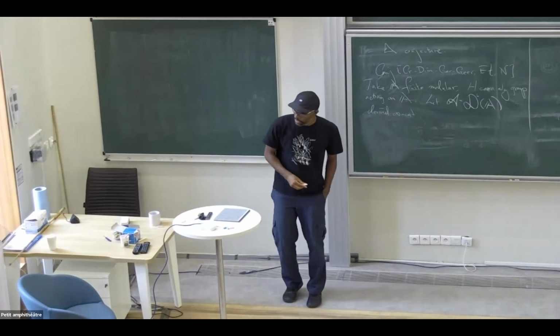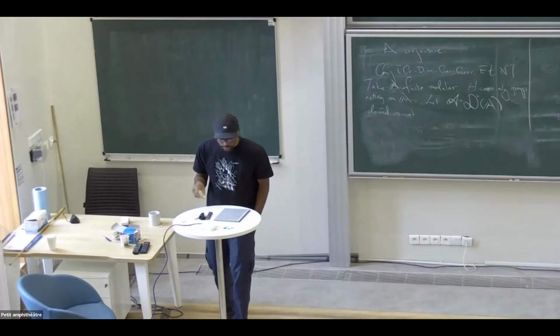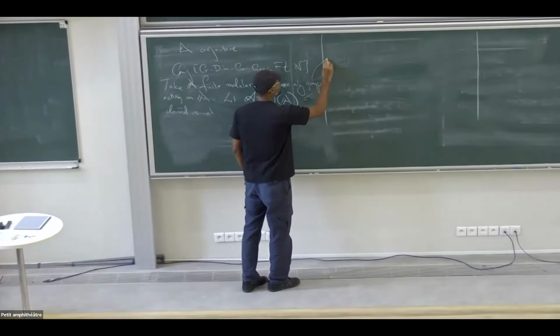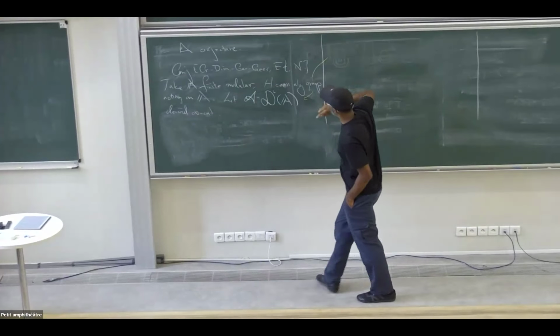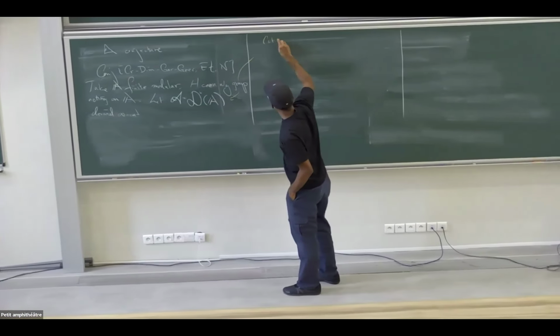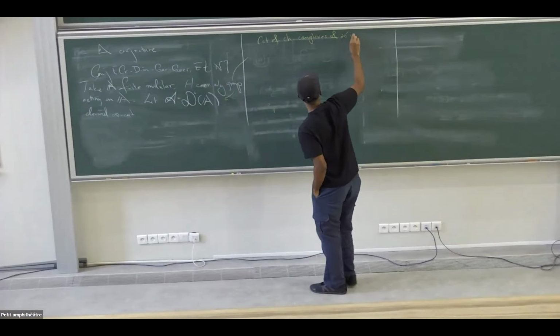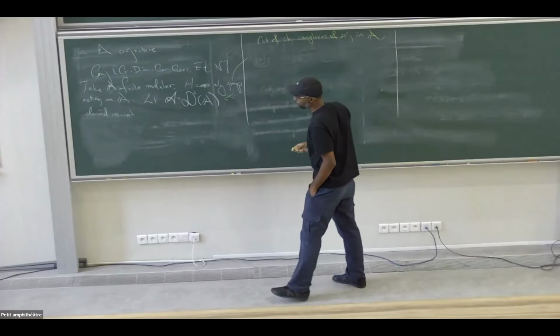So let me just stop here for a second and tell you something about this, right? So what is this? This is a category of chain complexes of objects. Okay.